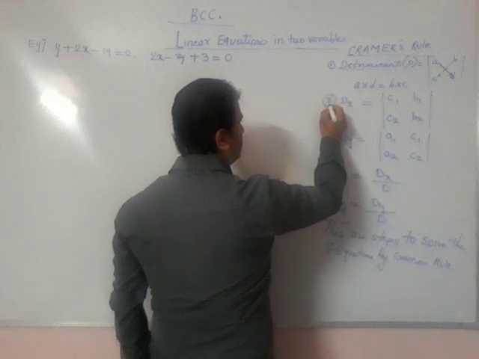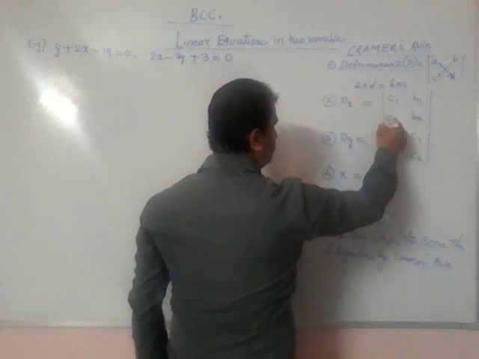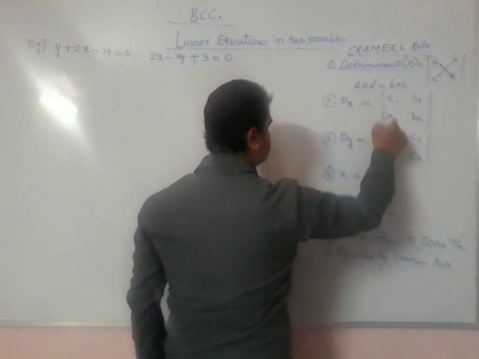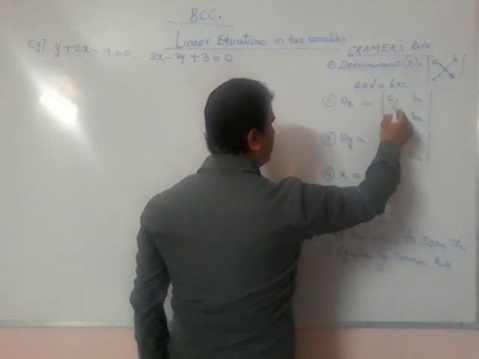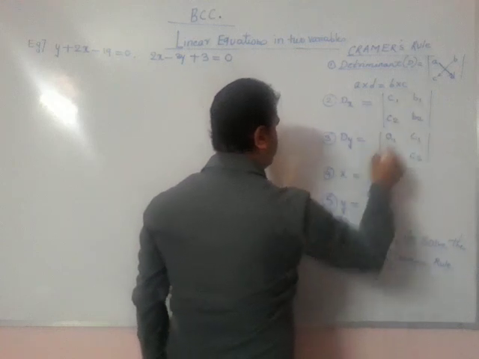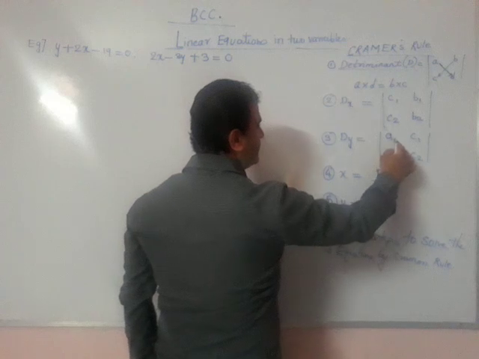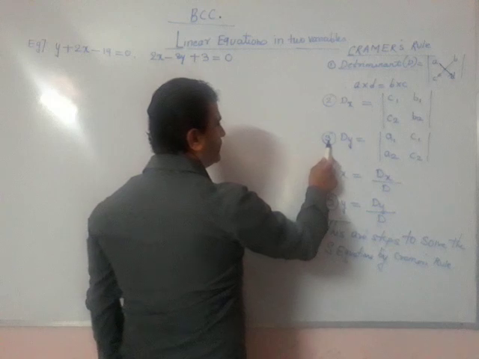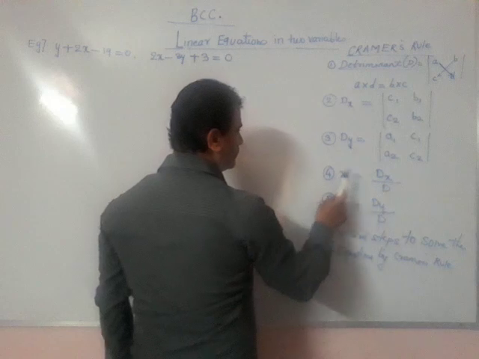Thus, step number 2, Dx, the determinant x, is equal to the absolute value of C1, C2, B1, B2. To calculate Dy, it is A1, A2, C1, C2.